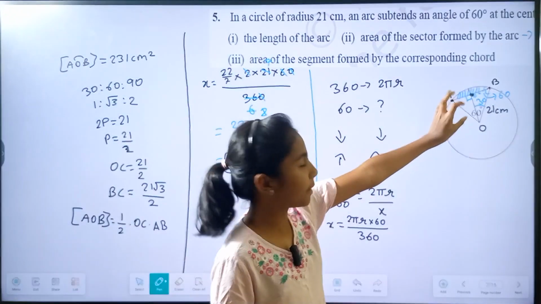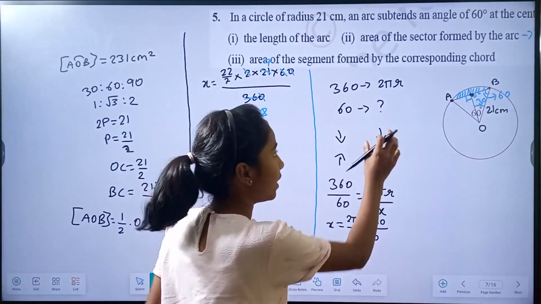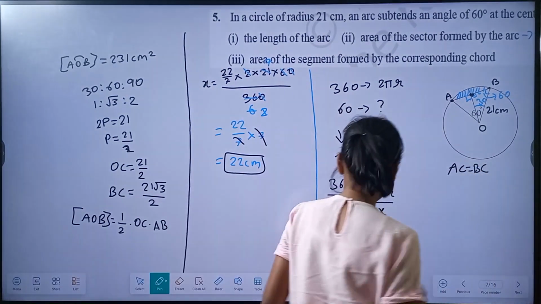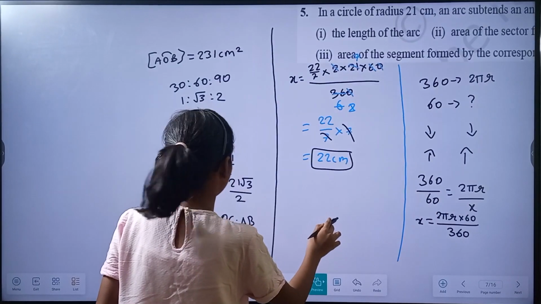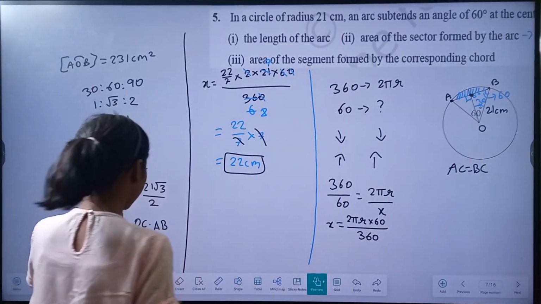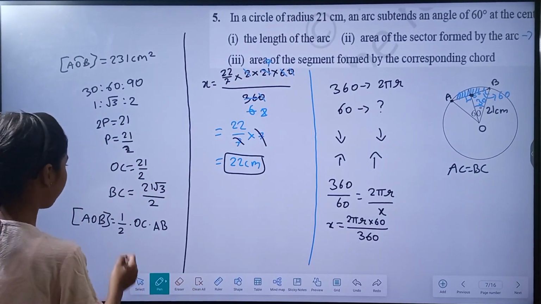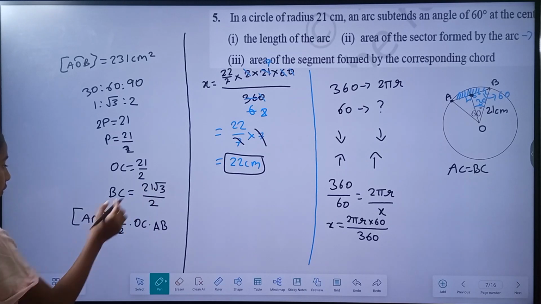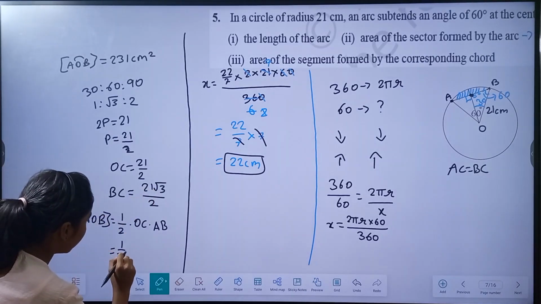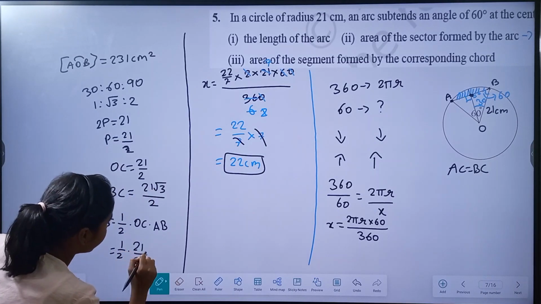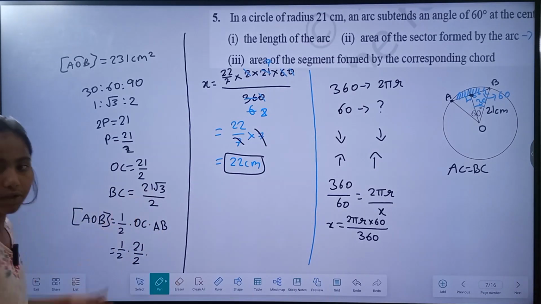So the radius is the perpendicular bisector of the chord. We can say AC equals BC. And we know the length of BC, 21 root 3 by 2. So this one equals half into OC, 21 by 2, into AB, which is 21 root 3.